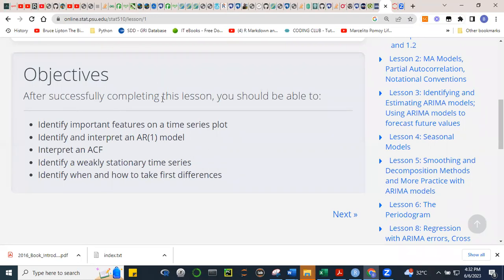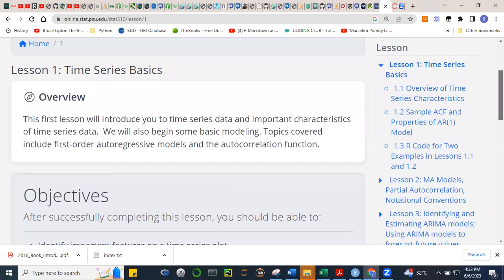So there are some terminologies that we should know. For example, this term AR process, ACF, weakly stationary time series. That's for lesson number 1.